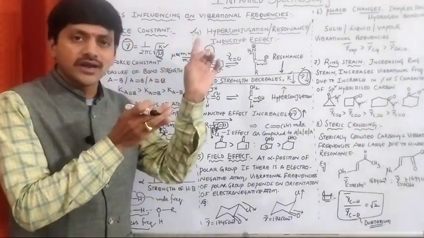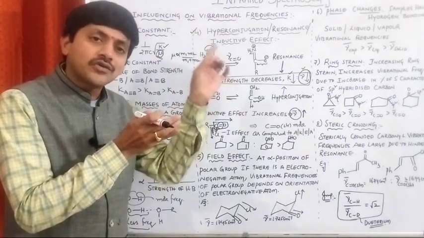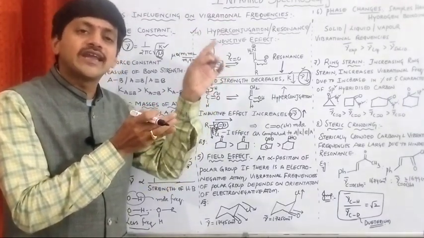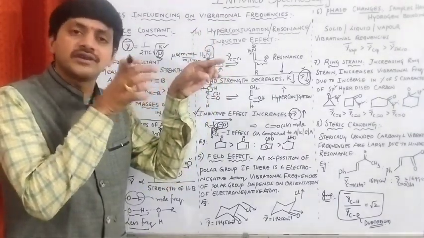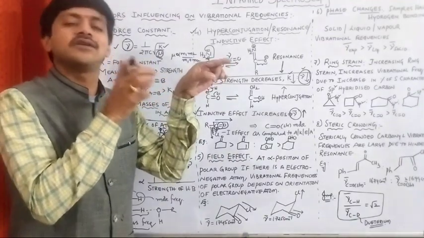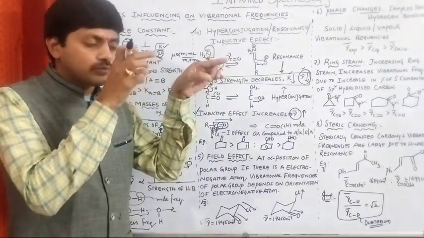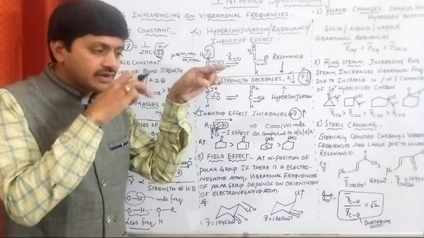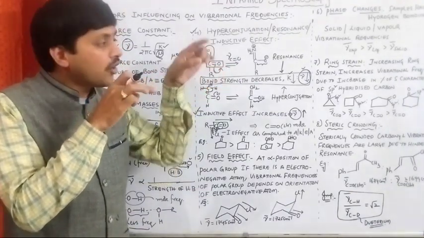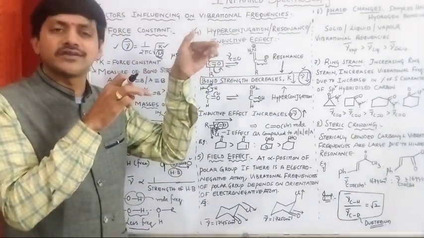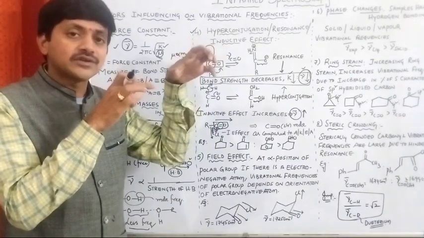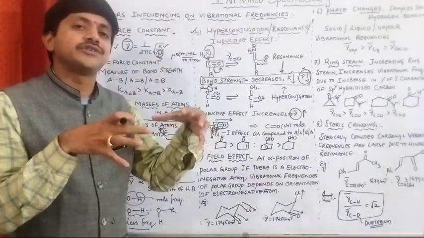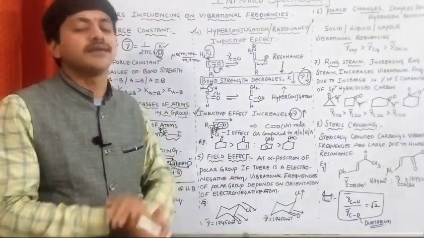If you have an electronegative atom, it is going to influence the vibrational frequency of the selected polar group, depending upon its orientation. This kind of situation is observed in cyclic compounds.